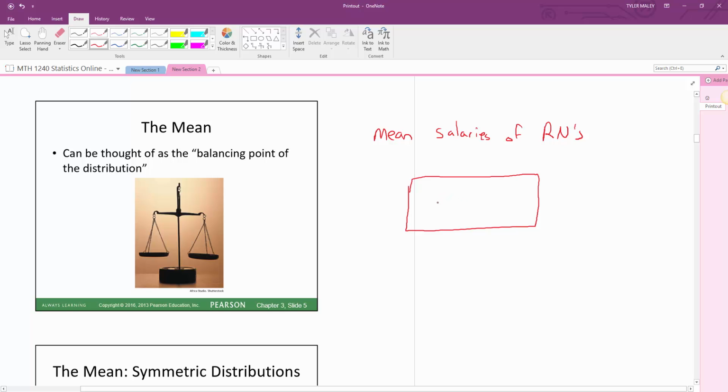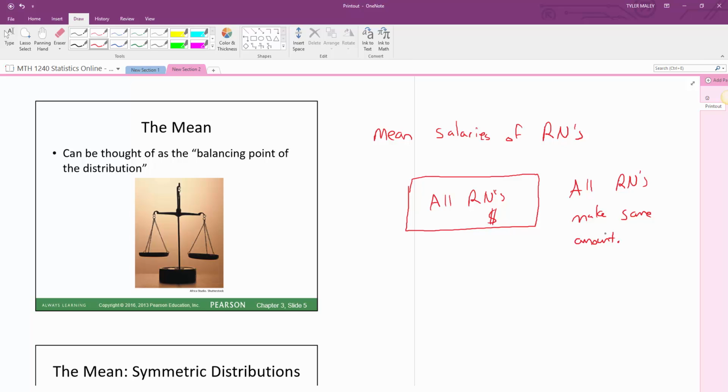In this pot, we're going to put all the RNs' salaries into one pot, and then we would evenly distribute it, so then all RNs make the same amount. If we were to do this, that same amount that every RN would be getting is referred to as the mean. That's why we call it the balancing point of the distribution. So what's the point that would balance everything where everyone gets the same?